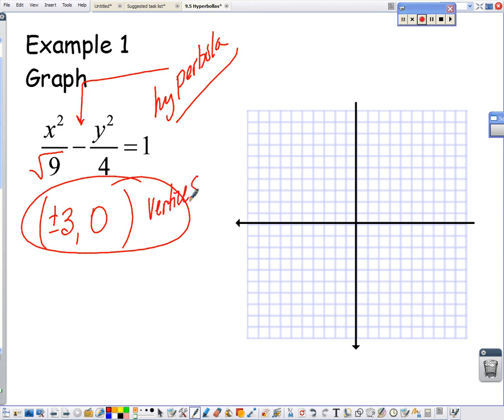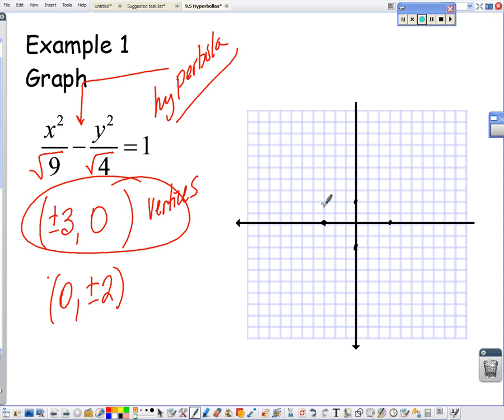Then we want to do the same thing for the other term, and we're going to plot those 4 points. On the x-axis, 1, 2, 3, just like we've been doing. 1, 2, 3. And then we're going to do 2. The reason I want you to do this is that after you do this, we're going to draw a box.